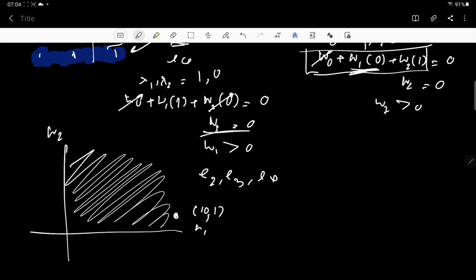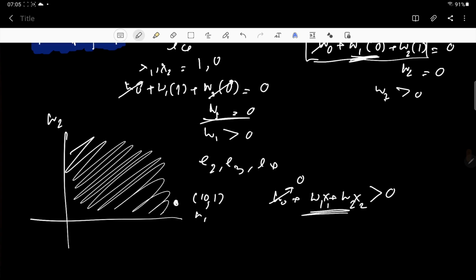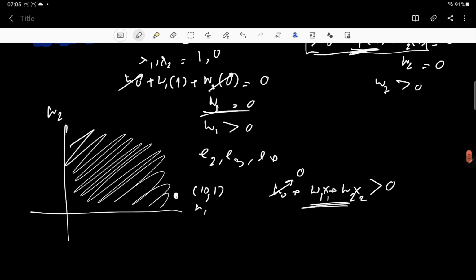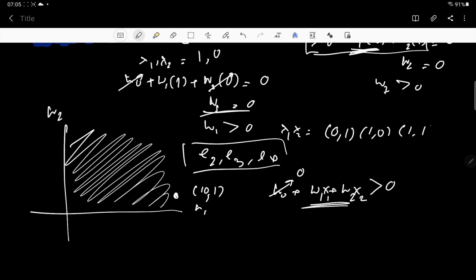Yes, it can be used to classify W0 plus W1 x1, W2 x2 must be greater than 0. This one is 0. So in the case that we have E2, 3, and 4, that is x1 and x2 will be 0, 1, 1, 0, and 1, 1.